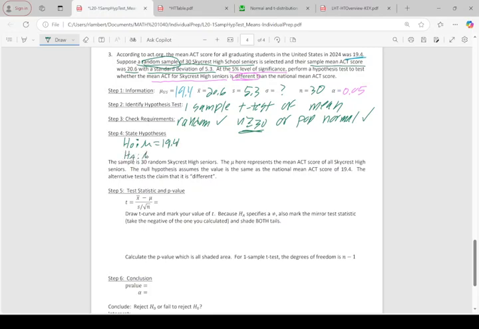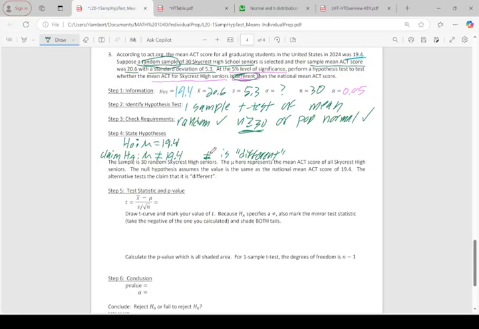And our claim is that it's different. So different becomes a not equal symbol. We're not testing if it's higher or lower, just different.